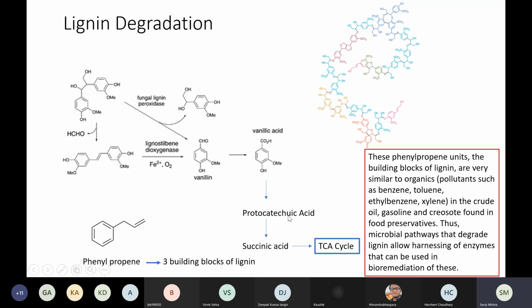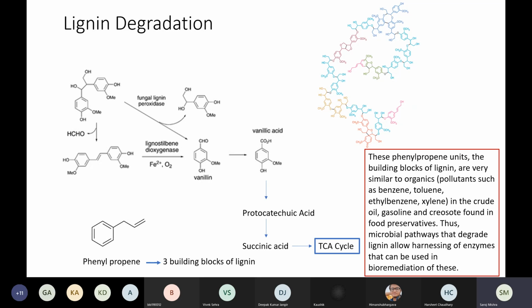And through microbial activity, a lot of microbes have enzymes which can convert this into succinic acid, and from there it enters the TCA cycle. So eventually, even these phenylpropene units get mineralized through the TCA cycle into carbon dioxide and water. And this is how the carbon cycle is completed.